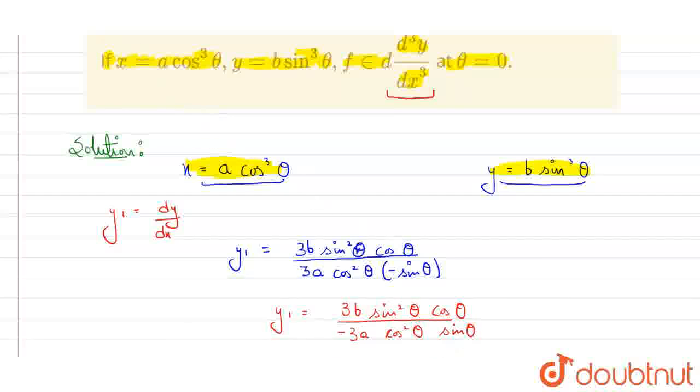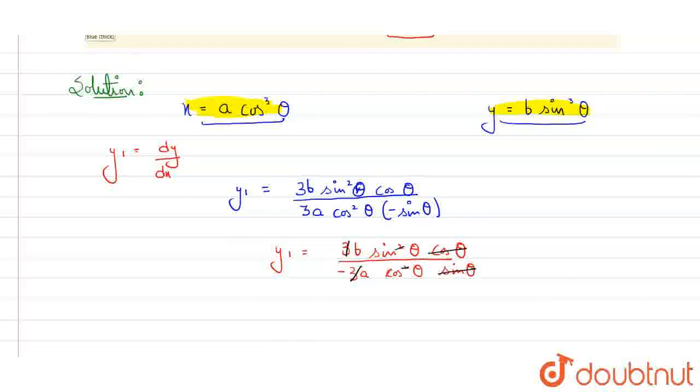Now we can see this square will get cancelled with this, cos with this, 3 will get cancelled. So here what we got? We got y1 value is equal to minus of b upon a, and sin by cos is left, so sin by cos is tan theta. Okay, and this condition, that is first derivative y1 equals to minus b upon a tan theta, it will exist.